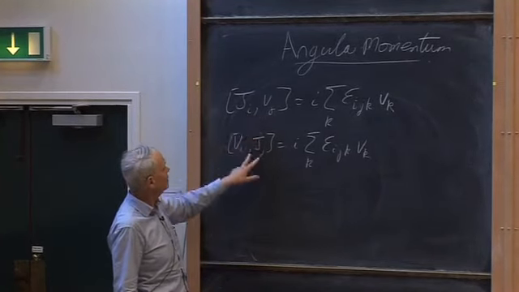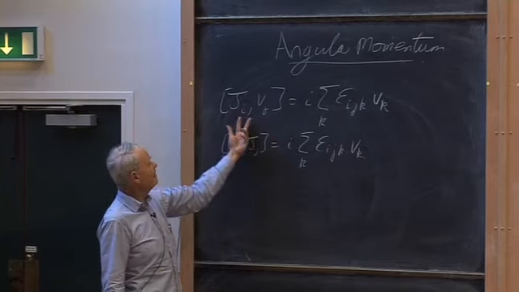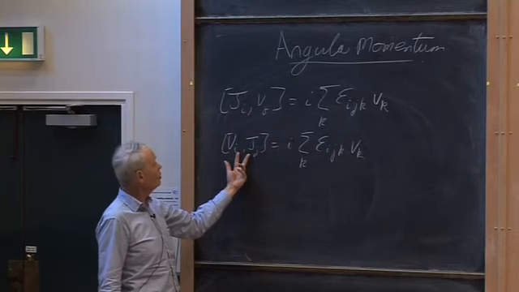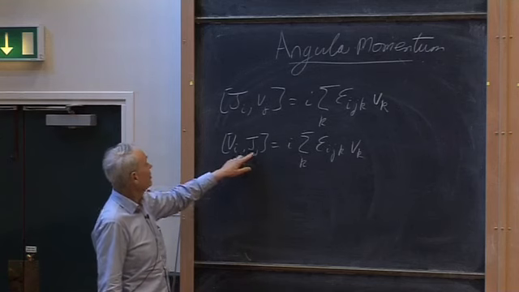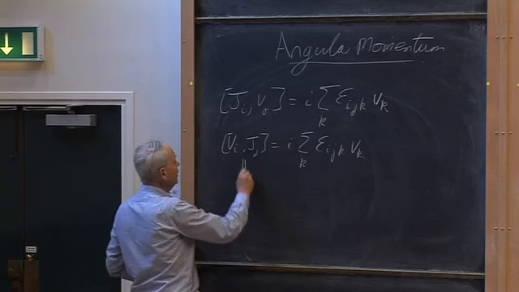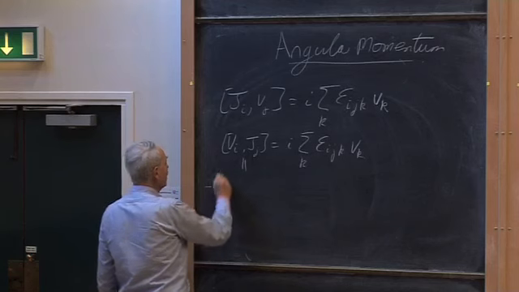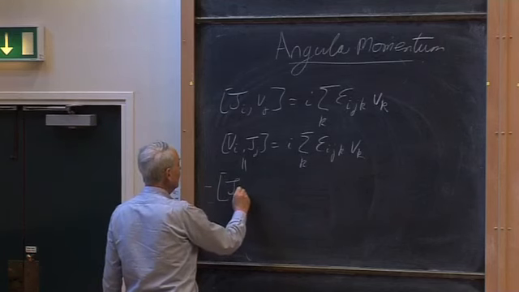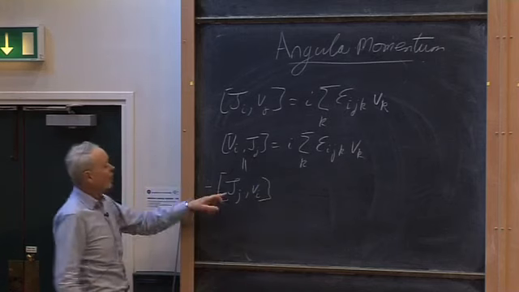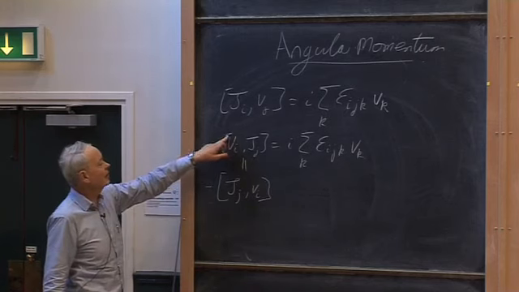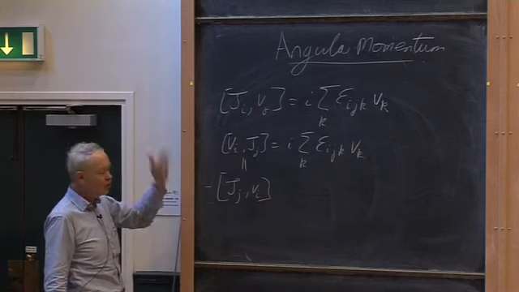What's happened between these two is that these things have been swapped in their order, but crucially also these things have been swapped. So if I go from here, I pick up a minus sign if I simply invert the two operators, J and V. V is just an arbitrary vector. It could be x, it could be p, it could be J, it could be whatever.